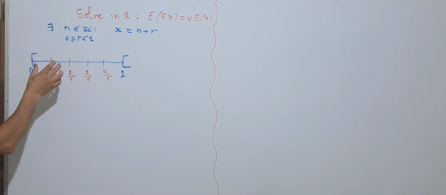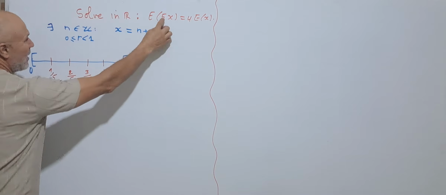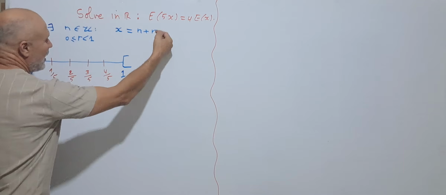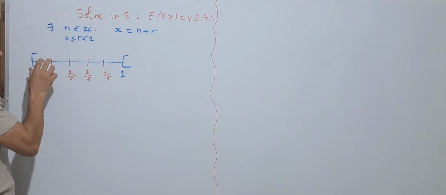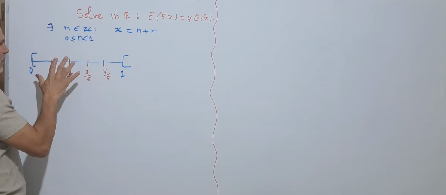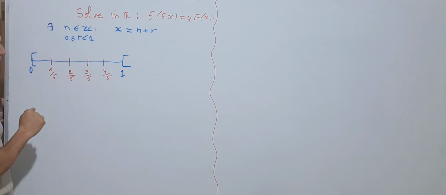Why do we divide these into 5 sub-intervals? Because we have 5x. And if we suppose that here we have E of x, we will consider also 4 sub-intervals. This is the trick.